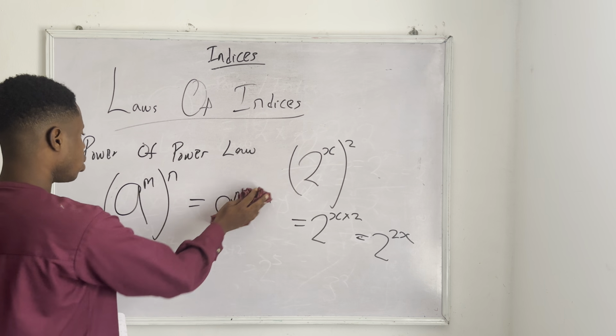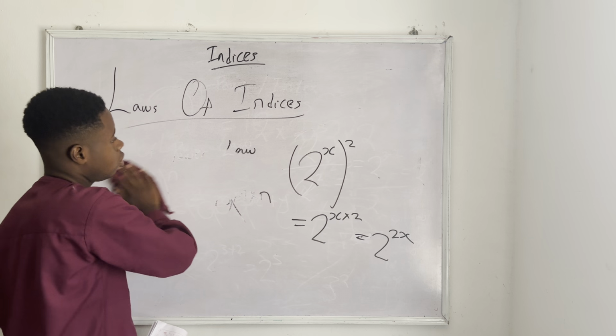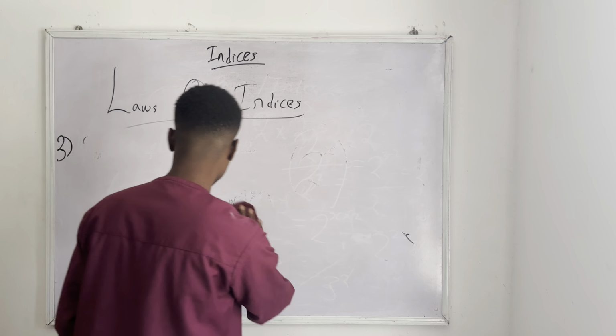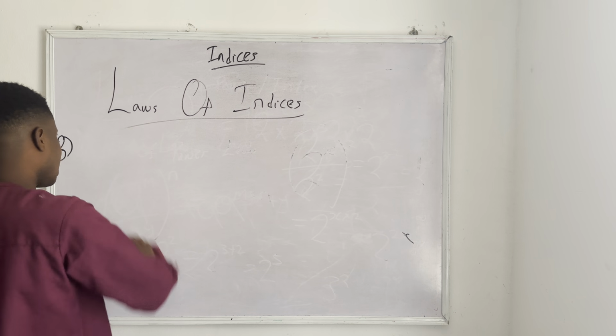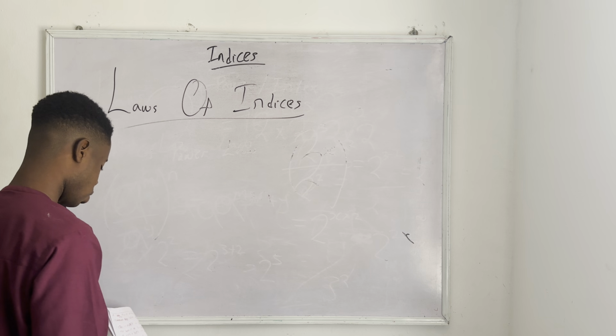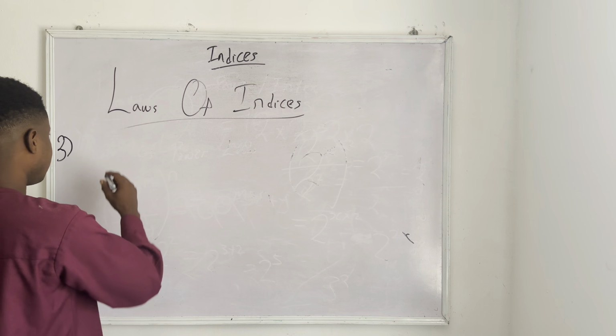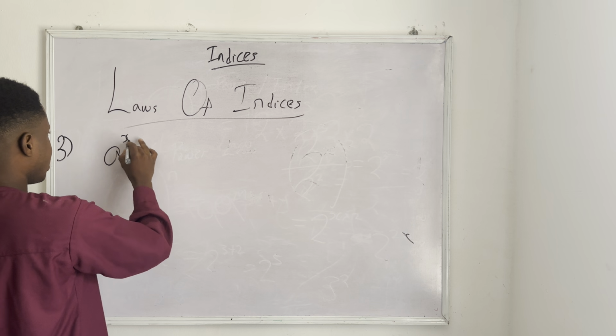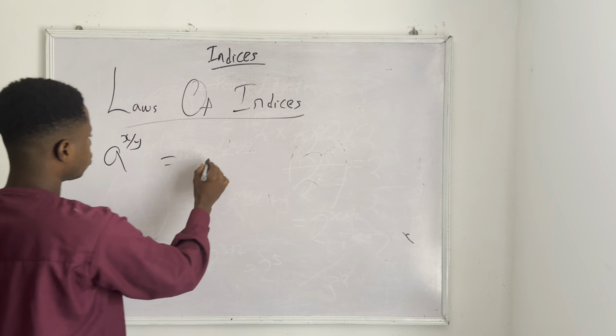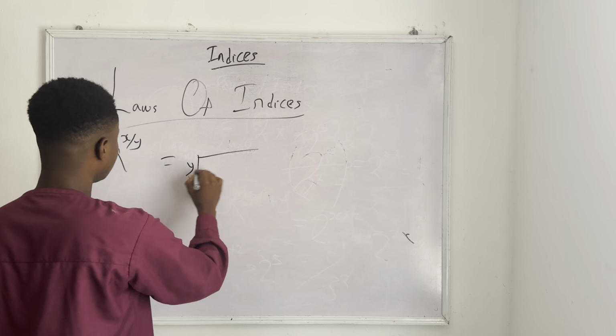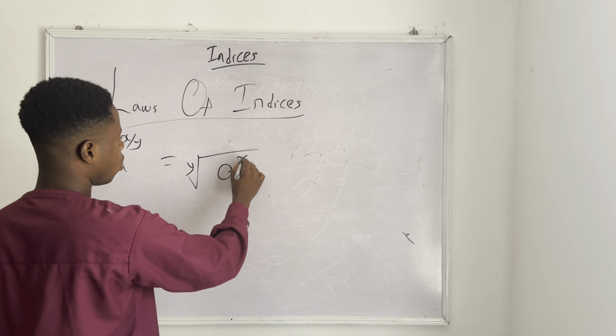The fourth law is the fractional law. What the fractional law states is, if I have a raised to the power of x over y, then this is equal to the y-th root of a raised to the power of x.